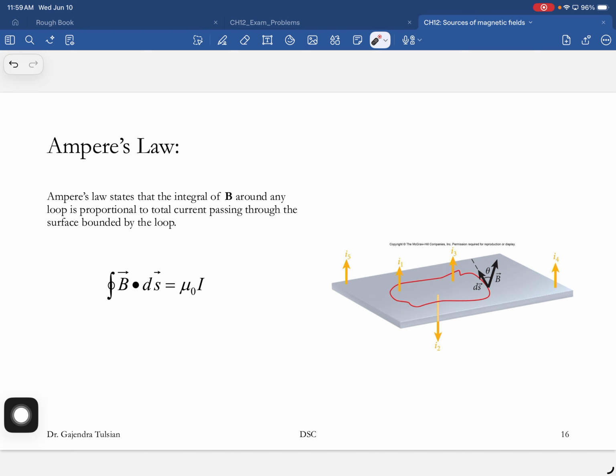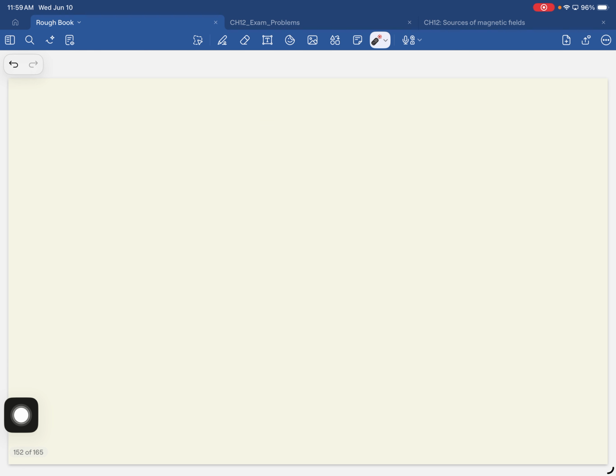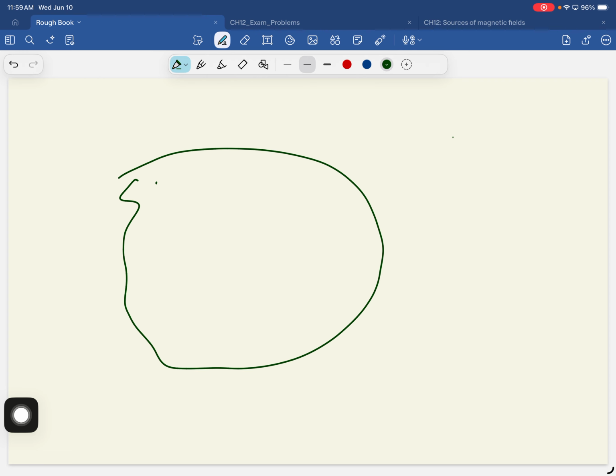I'm going to remind you of Gauss's law for electric fields.